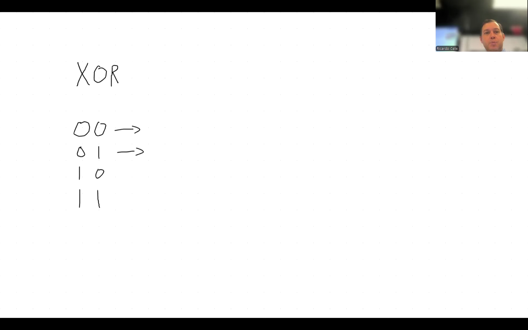For the XOR operation, 0, 0 should be false, so 0. Then 0, 1 is 1. 1, 0 is 1. 1, 1 is 0. Do you see that?